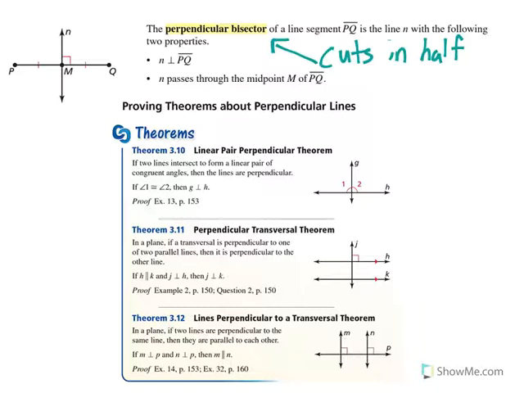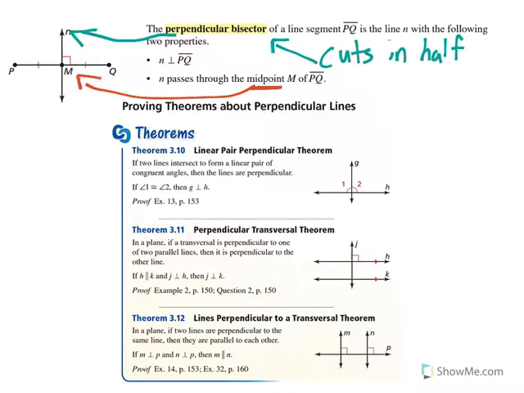So you can see in our picture here, our line N is our perpendicular bisector. N is cutting PQ in half, and N has a right angle. It is perpendicular to PQ. Remember, since a bisector cuts in half, that would mean its intersection point is going to be the midpoint.